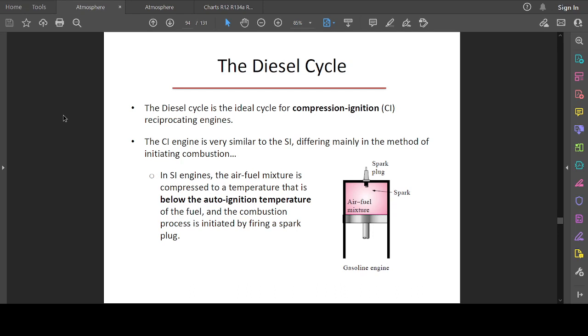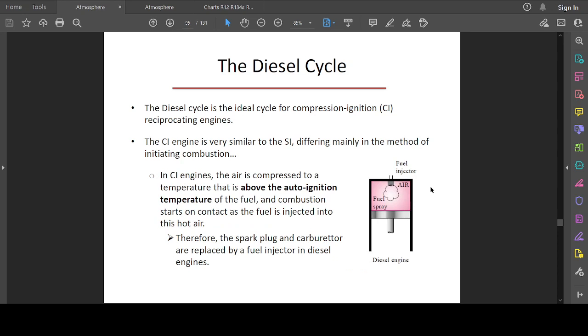So like we've established, in spark ignition we have the spark plugs to initiate the ignition of the fuel mixture, while in compression ignition engines, we compress the air and fuel mixture until we go above the auto ignition temperature of the fuel and air mixture, to allow the fuel to auto ignite by itself.